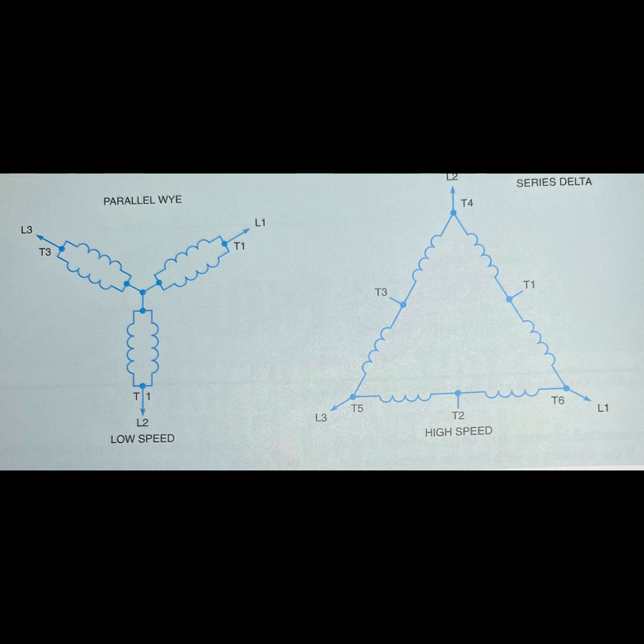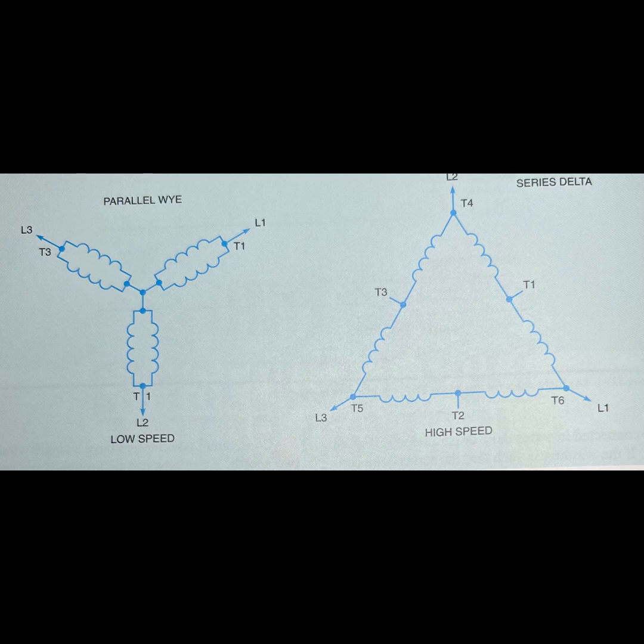If the winding is such that the series delta connection gives the low speed and the parallel Y connection gives the high speed, the torque rating is the same at both speeds. Consequent pole motors have a single winding for 2 speeds.